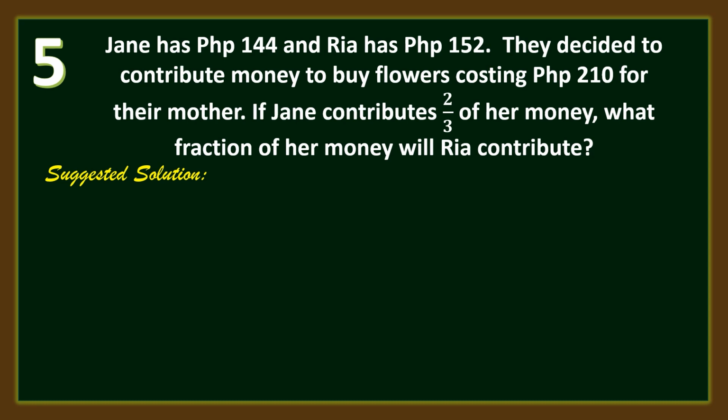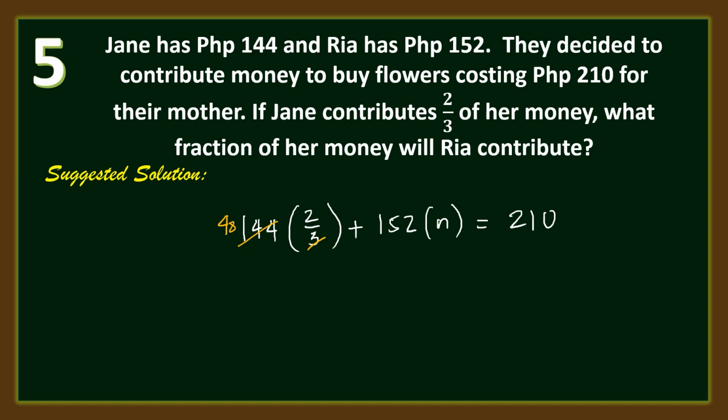If we let n be the fraction of Ria's money, then we have the equation as 144, that is Jane's money, times 2/3 plus 152 times n equals 210 pesos. 144 times 2/3 is equal to 48 times 2, so that is 96.